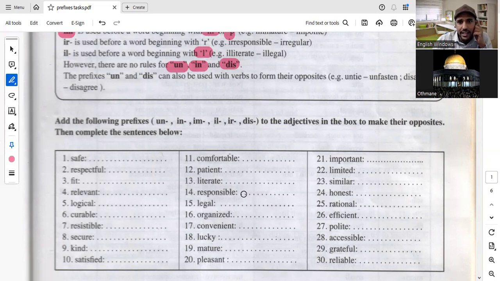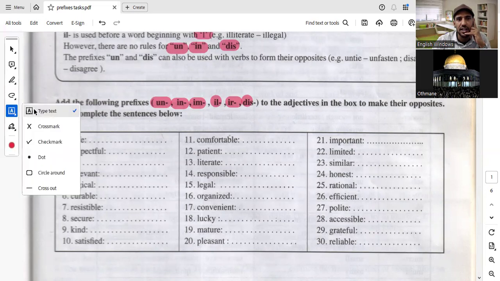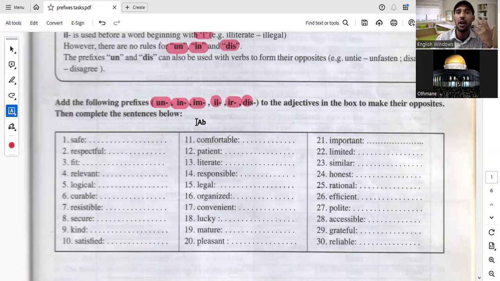Now let's see the first group of words or adjectives here, Othmane, and see which prefix we are going to use: UN or IN or IM or IL or IR or DIS. We're going to use the right one to indicate the opposite, الغاية هنا هو أن نفيد العكس.